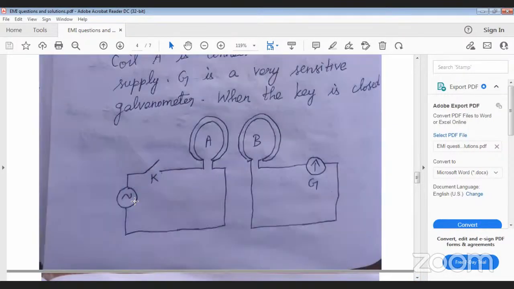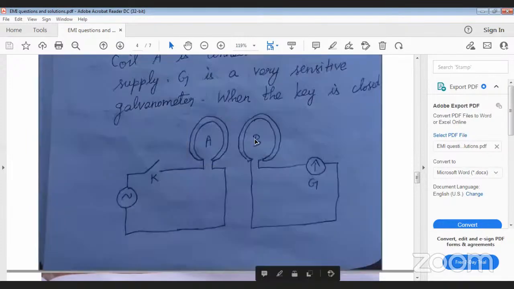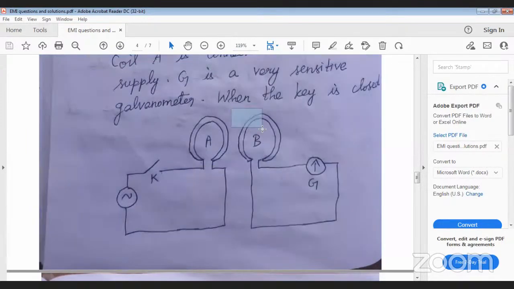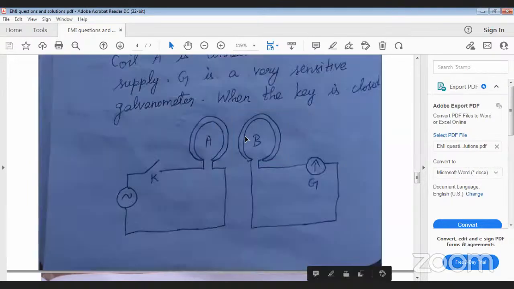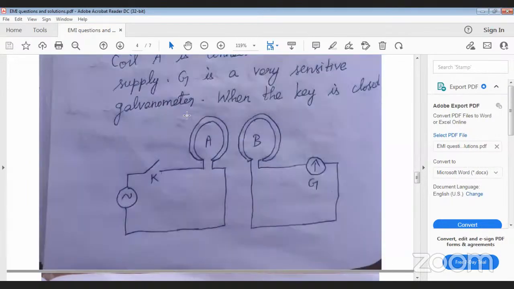The AC signals will flow through the circuit, through the coil A, and due to that you will be having a time varying current flowing through the coil A. Since this coil B is very close to this coil A, in coil B also there will be an induced current, because the current flowing through coil A is varying with time.